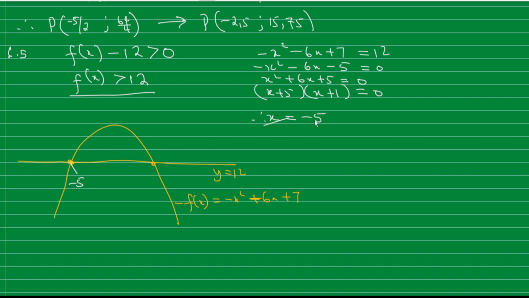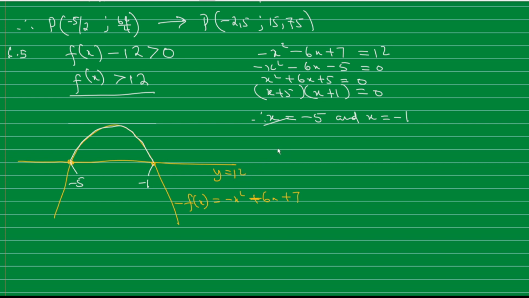Okay, and also x is equal to negative 1, which is the other point that we want. So as I said, from this is the line y is equal to 12, so any value above that line will define the values of y which are greater than 12.